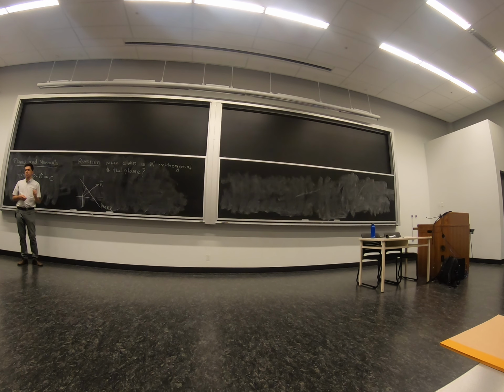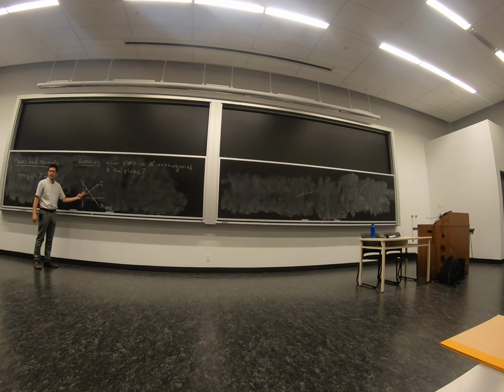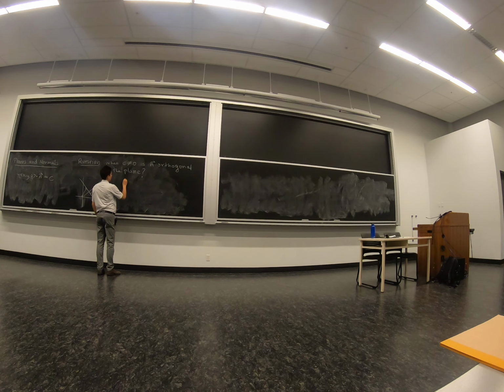What's the answer in this picture? I got a couple of no's, but could I get a big no? No, it's not orthogonal. This needs to be 90 degrees, and it's not. However, this one is 90 degrees. The plane itself as an object is normal to n, but the vectors from the origin to points on the plane are not.